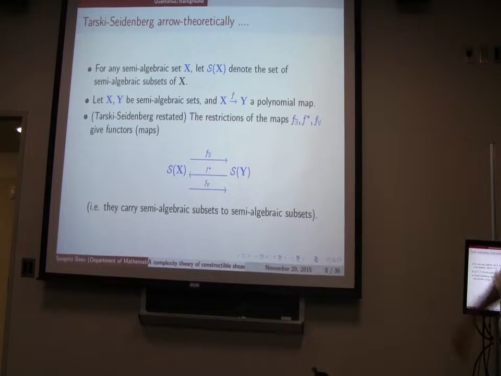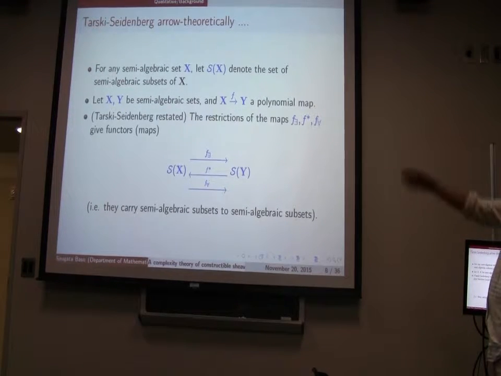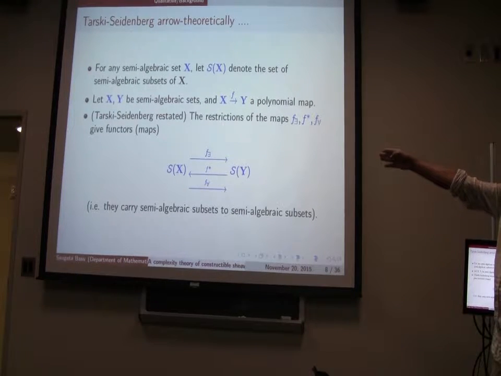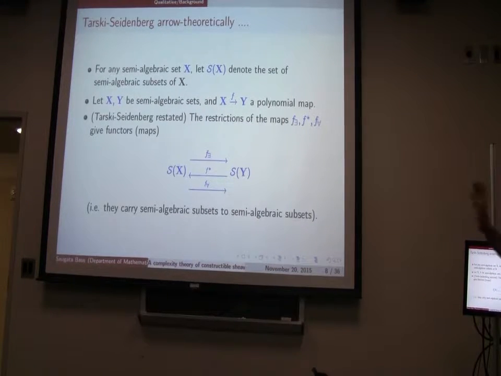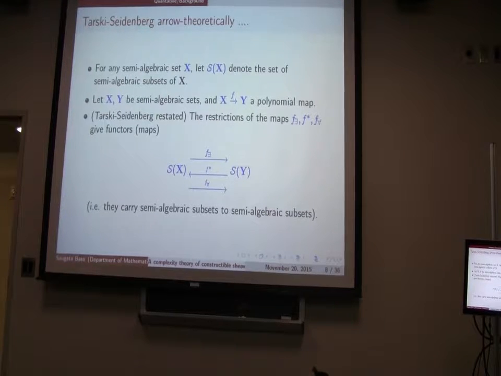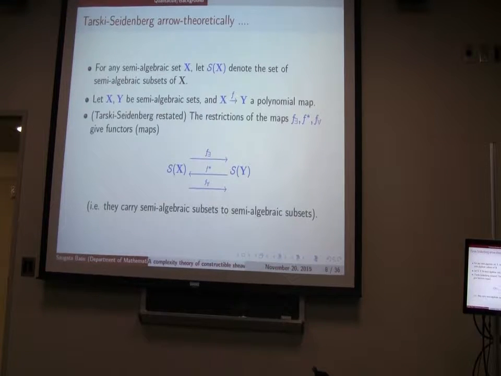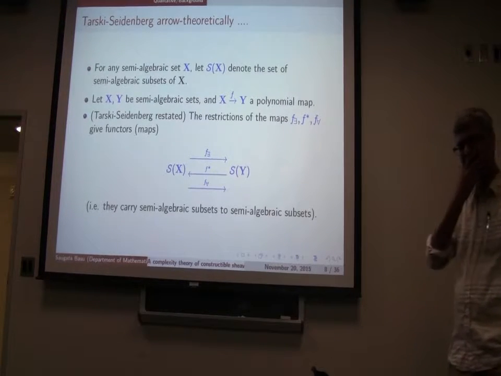So they are functors from this category to that category, and there is the adjointness in the sense that the top one is left adjoint to the middle, which is left adjoint to the bottom. Okay, but there's nothing really new, just saying Tarski-Seidenberg in terms of arrows. But in fact, I said that there are these laws, so the fact that semi-algebraic sets are stable under taking pullbacks is obvious.